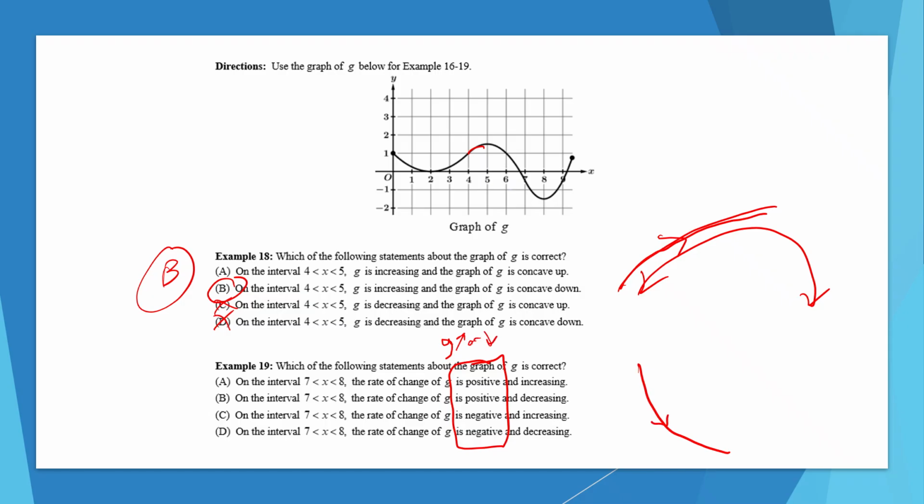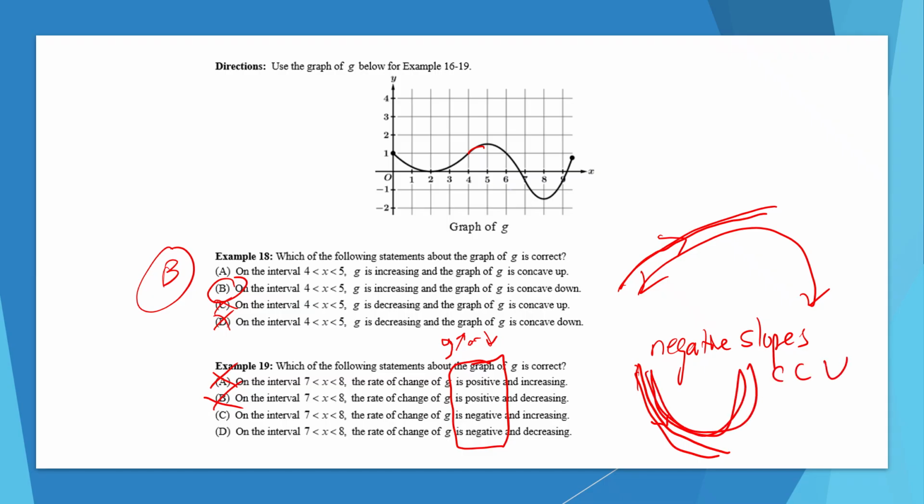Here, G is decreasing, which means you're only going to have negative slopes, right, when a function is going down. And because of that, the rate of change or slope should be negative. So we can eliminate A and B. And then the rate of change increasing or decreasing, this is concave up. So that means automatically the rate of change should be increasing, making C the correct answer there. So C is our answer for 19 there.